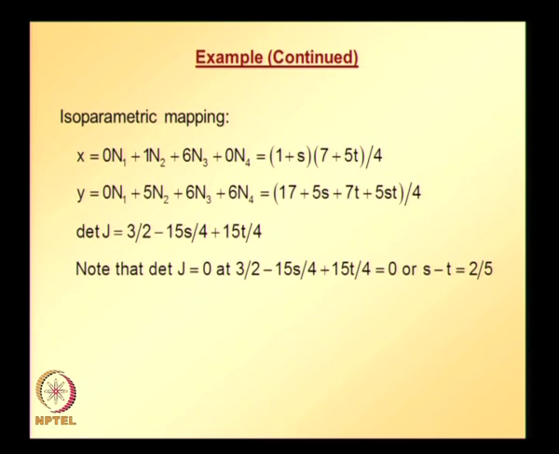So, you can easily verify when you plot this, when we overlay this line over the parent element, this line is going to cut across that particular element. So, at some point inside the element, Jacobian or determinant of J is going to be 0.